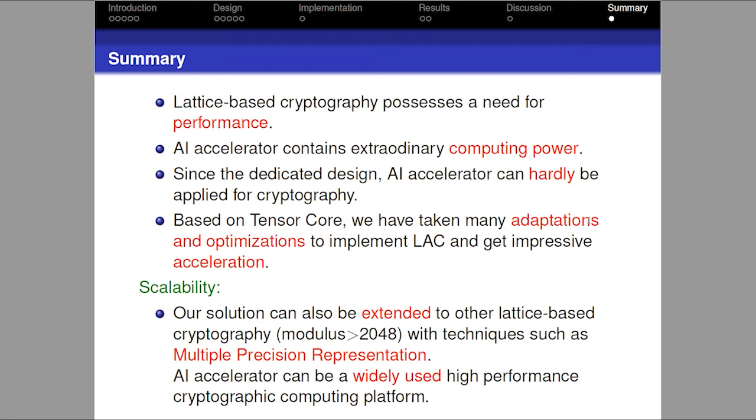Moreover, with more techniques such as multiple precision representation and cryptography algorithms, our solution can also be extended to other lattice-based cryptography, of which the modulus could be larger. With the procedure of replacing traditional crypto systems with new generation quantum-safe algorithms, we believe that AI accelerators can become a widely used, high-performance cryptographic computing platform.